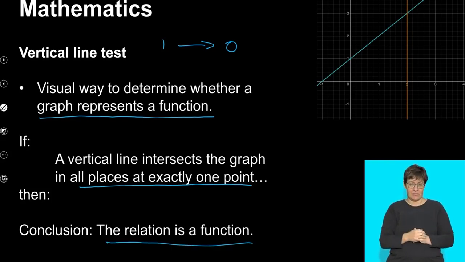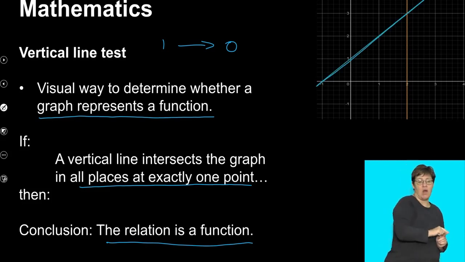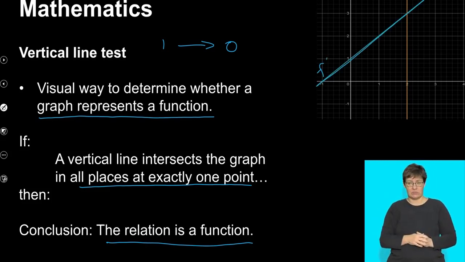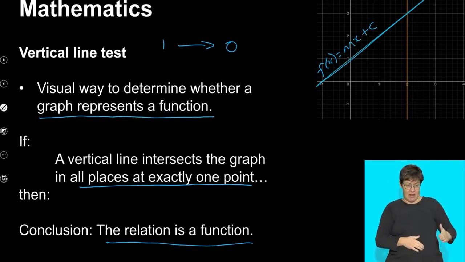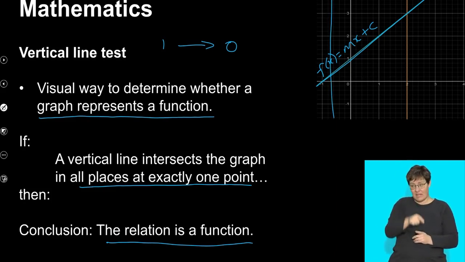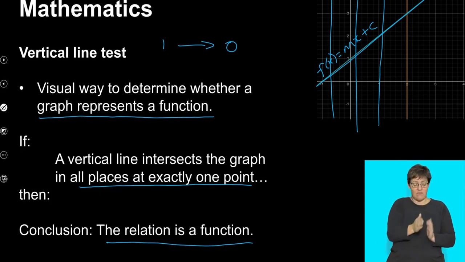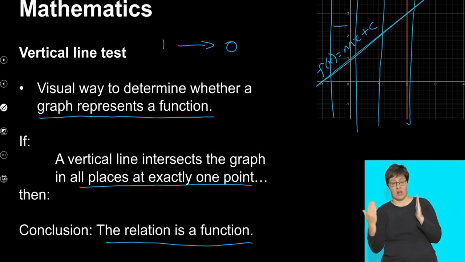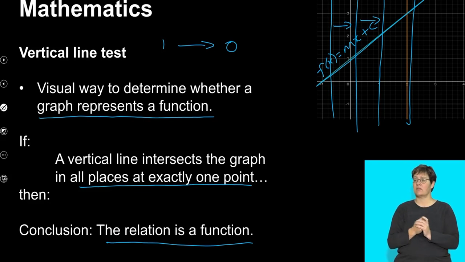What do I mean? Let's say my graph is this blue one here, which is f of x equals mx plus c, because it's a straight line graph. If I draw a vertical line here, as I'm moving with my vertical line from left to right, you will find that it is only intersecting the graph at 1 point each time.